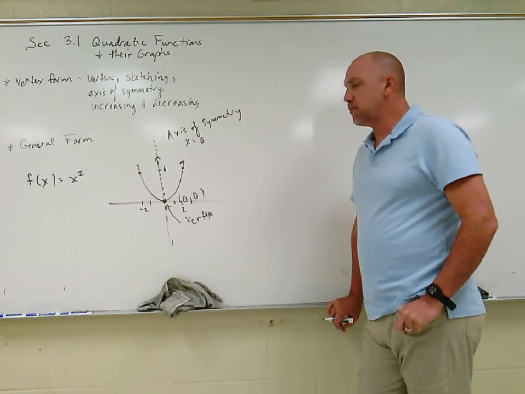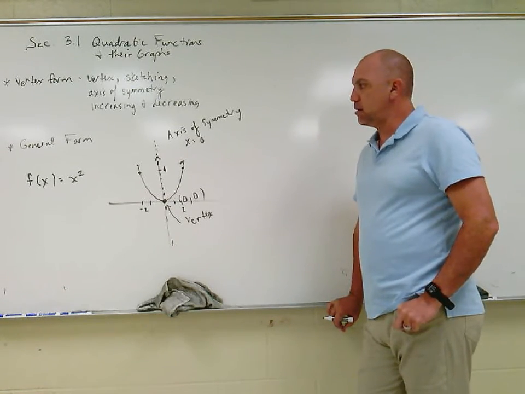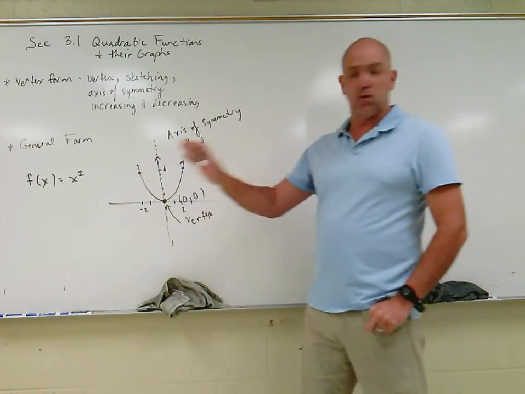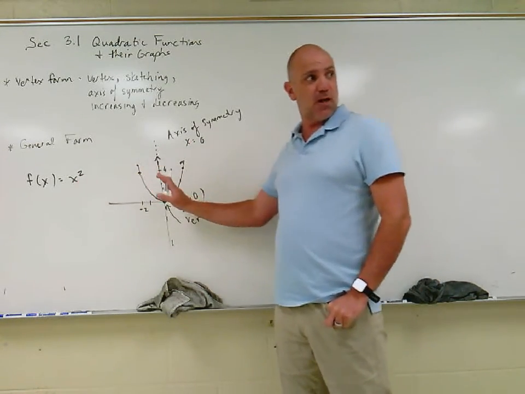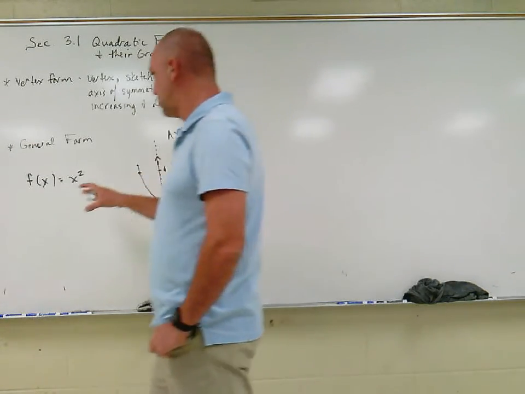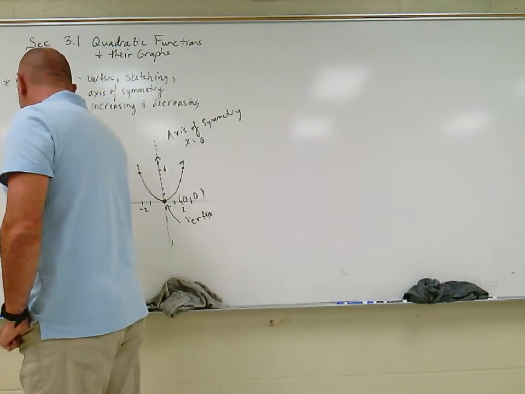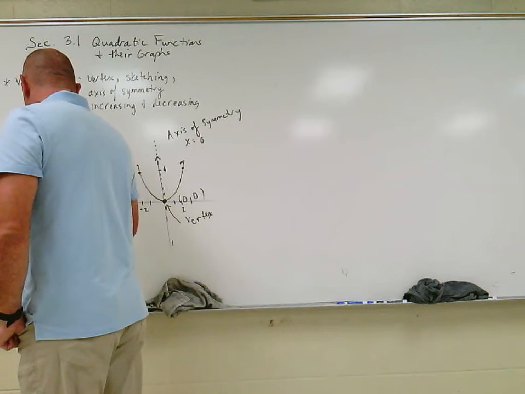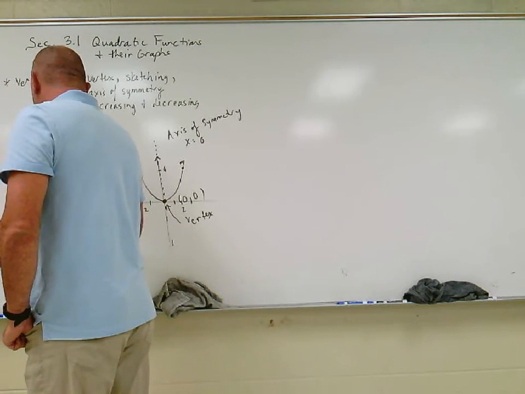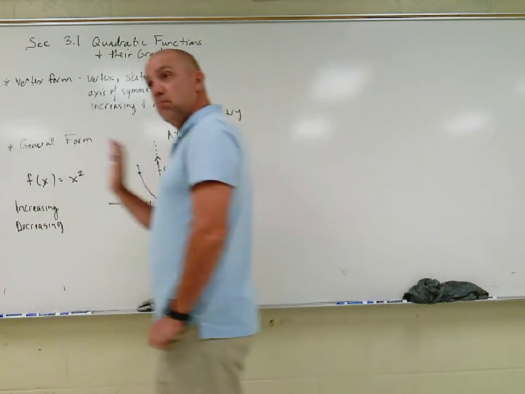Now, a couple of other questions we might get on this graph. You have this shape memorized, right? So I didn't want to go through and plot all the points. If I ask you where it is increasing and where it is decreasing, we do it just like we would do domain.